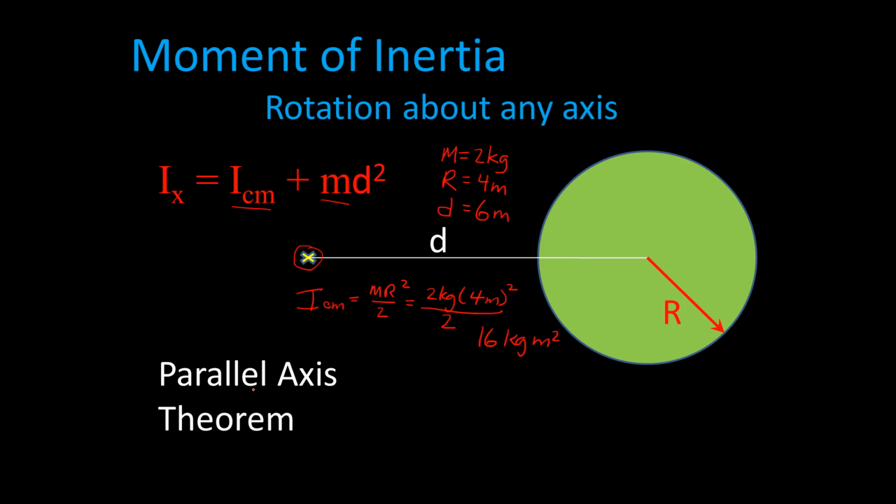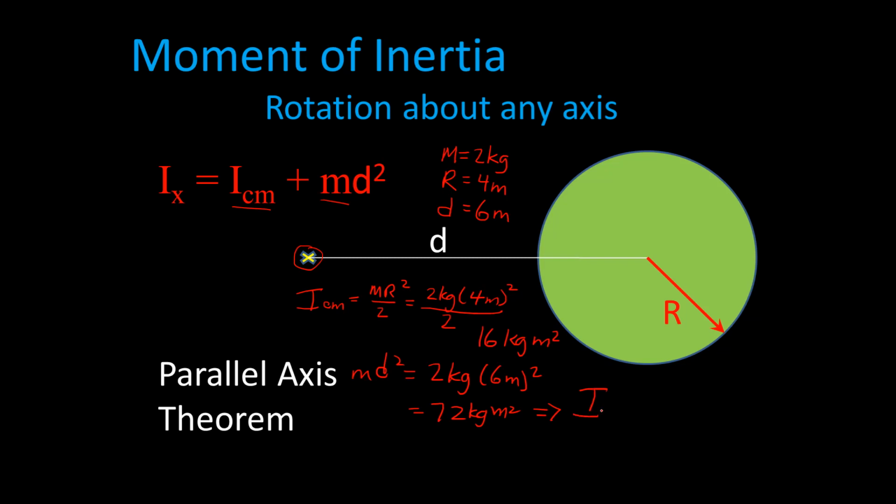Now because we're off the axis, our moment of inertia will add m d squared, so our mass 2 kilograms, our distance 6 meters squared. What do I get there? 36 times 2 is 72 kilogram meters squared. Let's add those up.